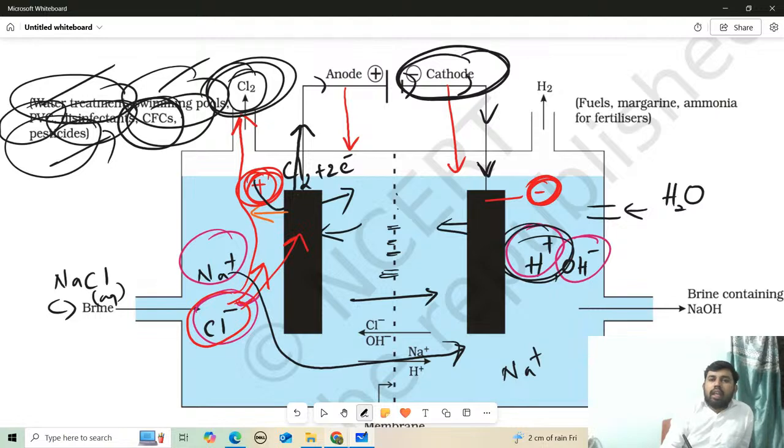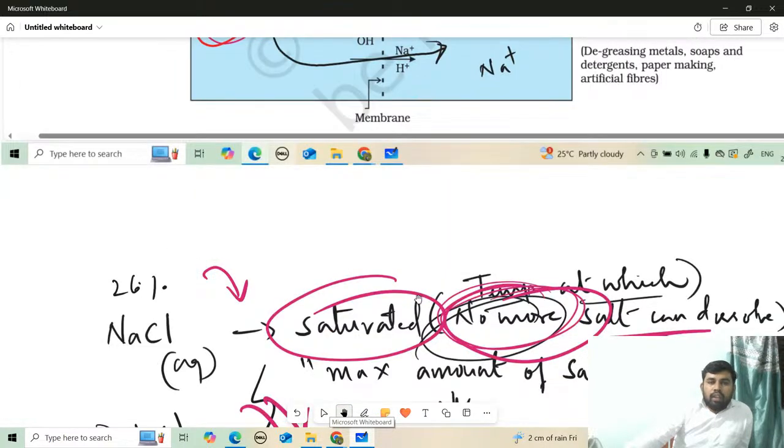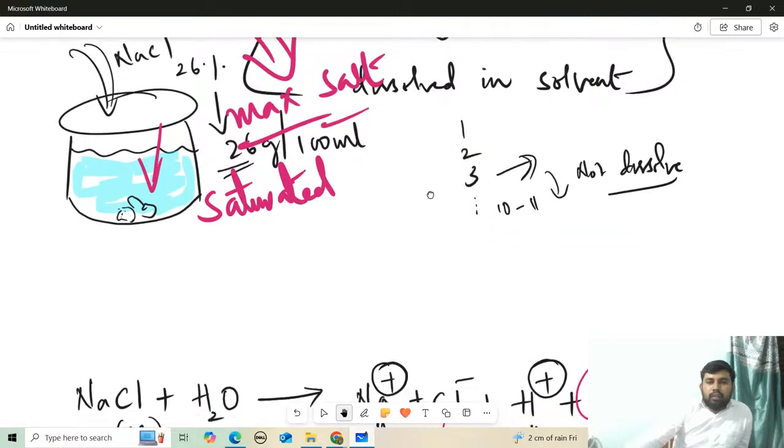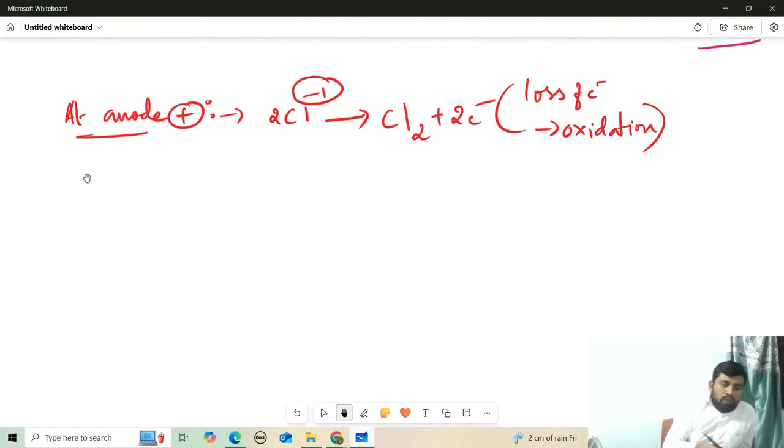That is gained by the water. What happens now? Let's remember the diagram. So now see, the chloride ion was there.